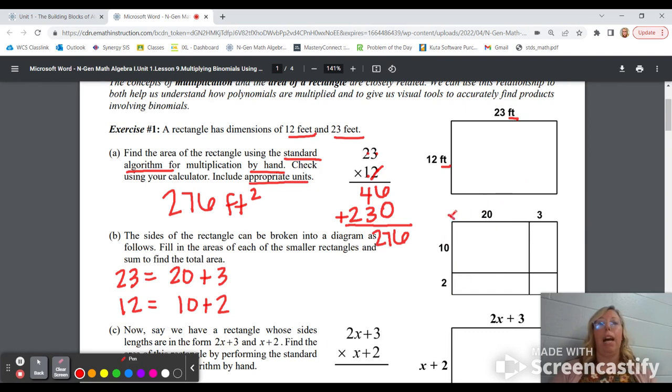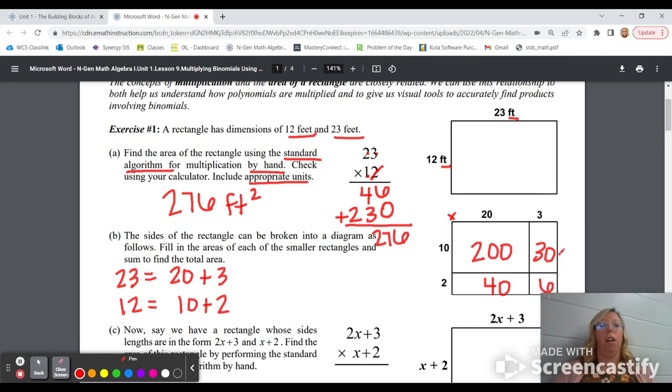So now we multiply inside each box what lines up with that box. So what lines up with this big box here? 10 and 20. So 10 times 20 is 200. This box on the right-hand side is 3 and 10, so that makes 30. On the bottom, we have 20 and 2, so 40. And then in the tiny little box, we have 3 times 2 is 6.